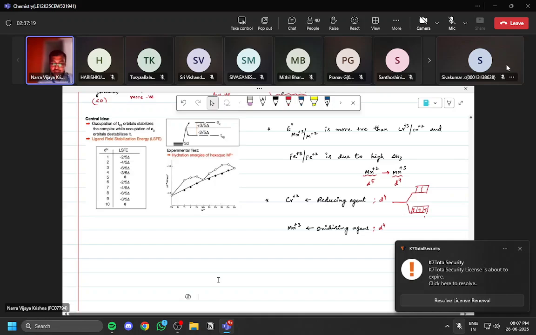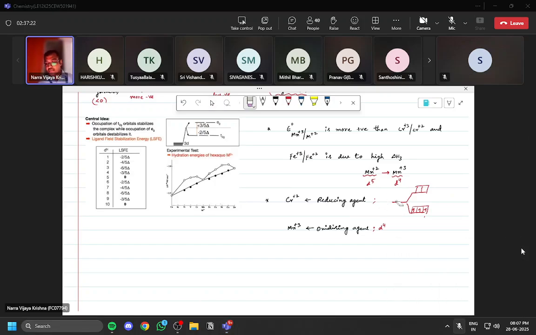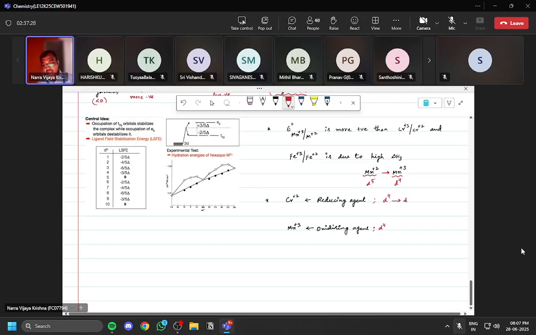Now, why is chromium plus 2 reducing? Because when d4 converts to d3, it gets the t2g3 configuration, which is half filled.